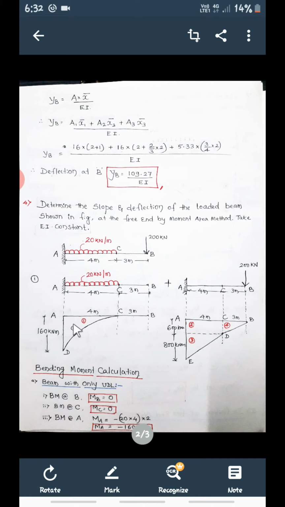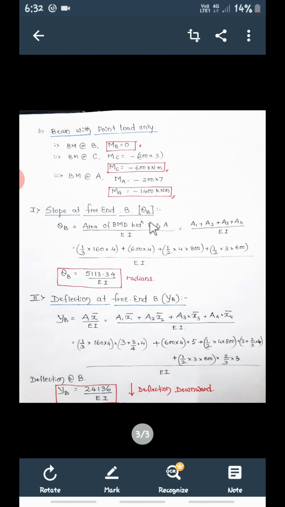So we add A1 plus A2 plus A3 plus A4 divided by EI.